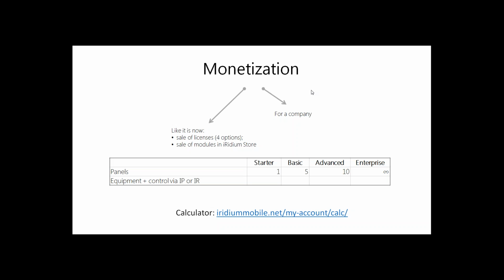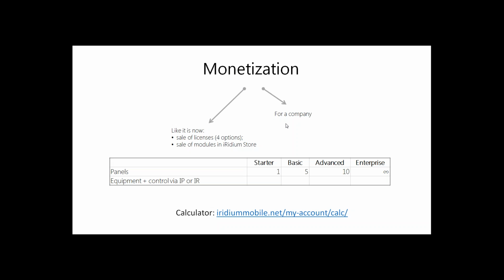A few words about monetization. How we are going to sell modules as well as drivers for current systems that we support. You probably heard about it. The licensing system will be a bit different, but the principle will be the same.